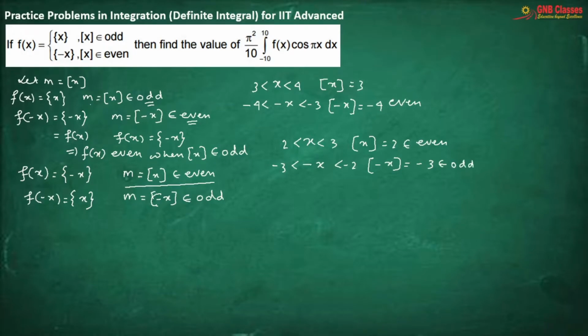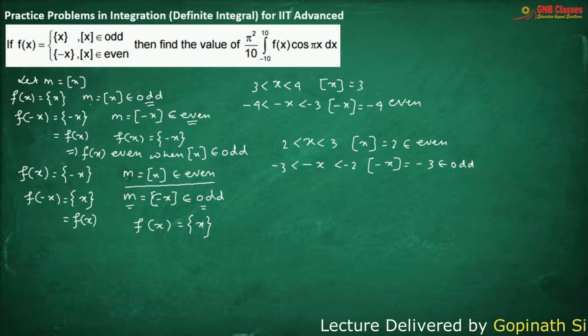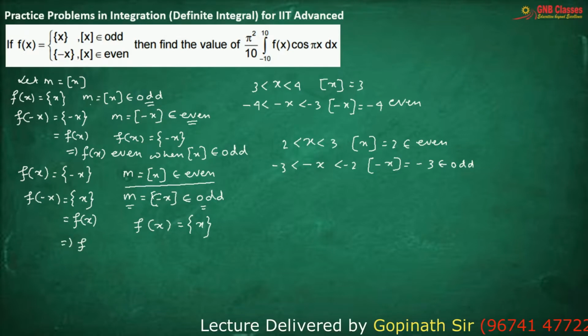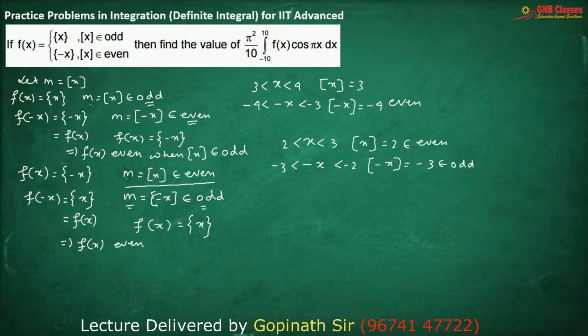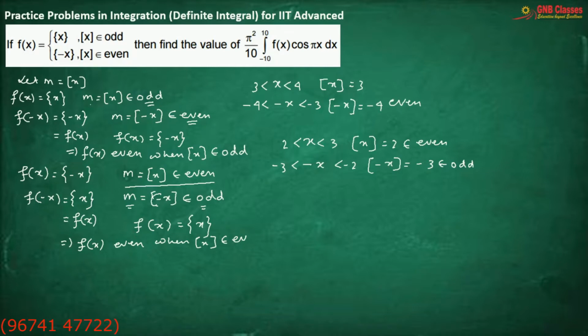Is it clear? Now we know when m is an odd integer, from the definition, f(x) equals the fractional part of x, right? So I can write here, it is equal to f(x). Therefore it implies f(x) is an even function when the greatest integer of x is an even integer.